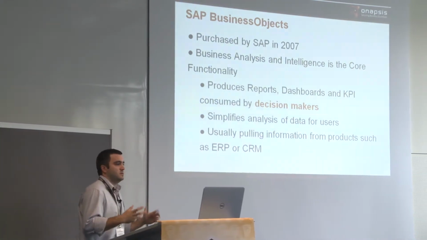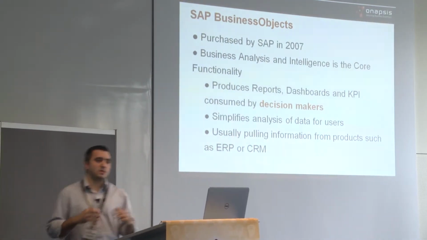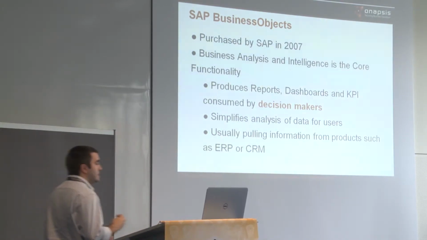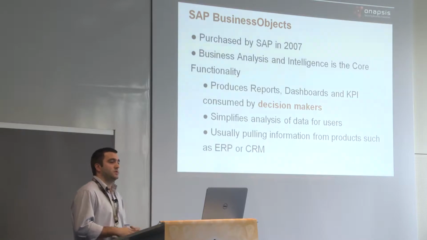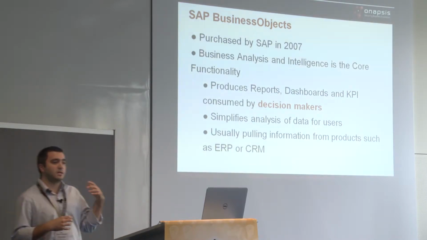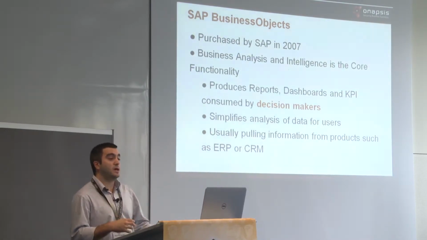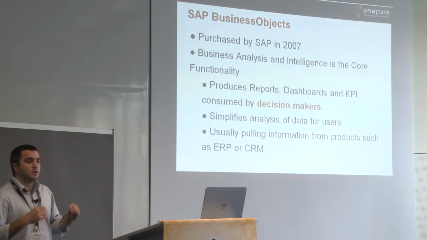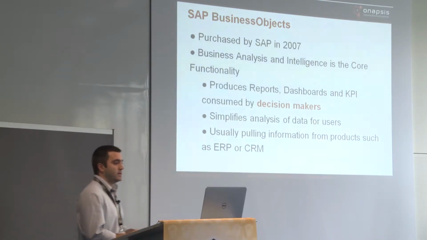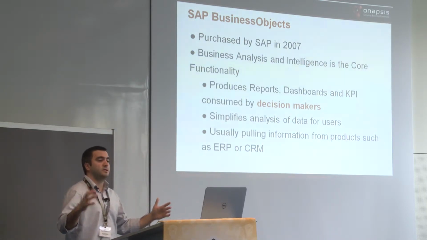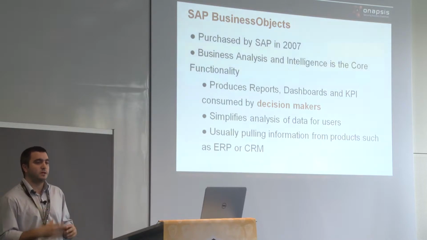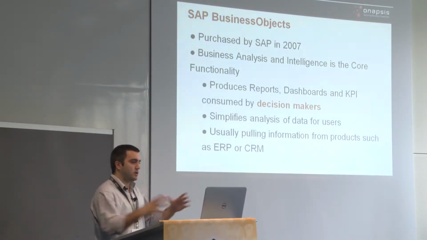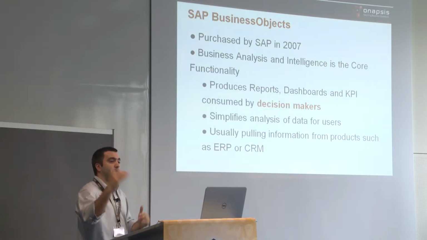And what's SAP BusinessObjects? It's a product that was acquired by SAP in 2007 that's used mainly to perform business intelligence, to produce reports, KPIs, key process indicators, dashboards, information that is usually not consumed by regular employees, but usually by upper management, right?